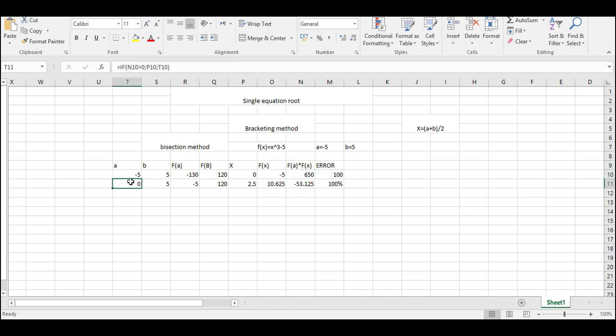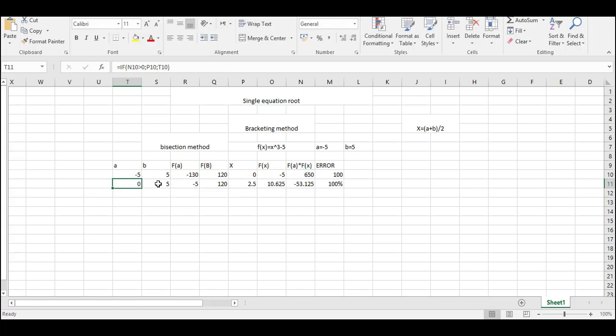The condition is that if the value of f of x multiplied by f of a is more than 0, replace a by x. If the result is false, let a stay as it is.